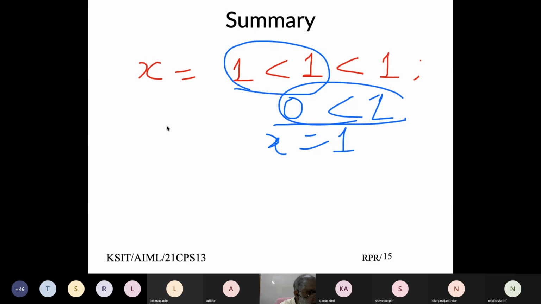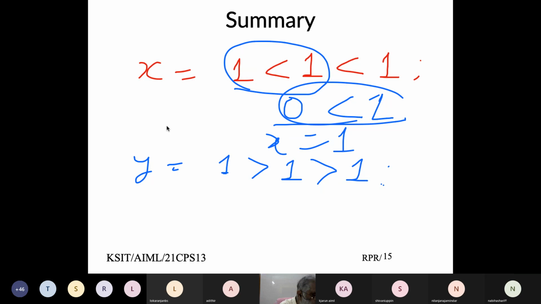If I were to write y is 1 greater than 1 greater than 1, what would the value of y be? 1 greater than 1 is false, so this is 0, and 0 greater than 1 is false. So that's so different.